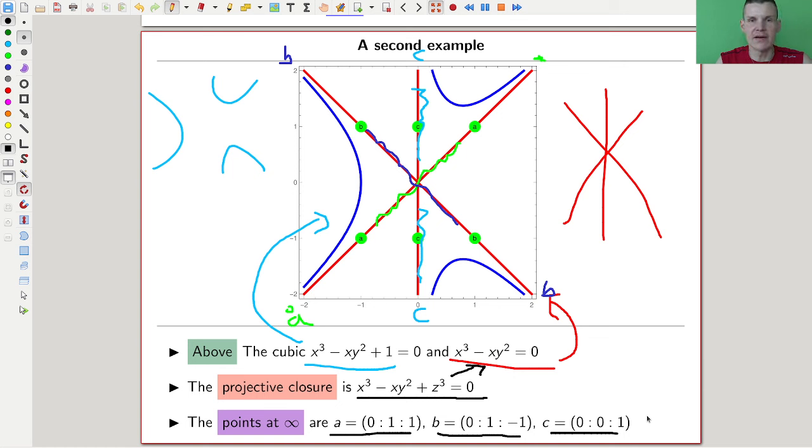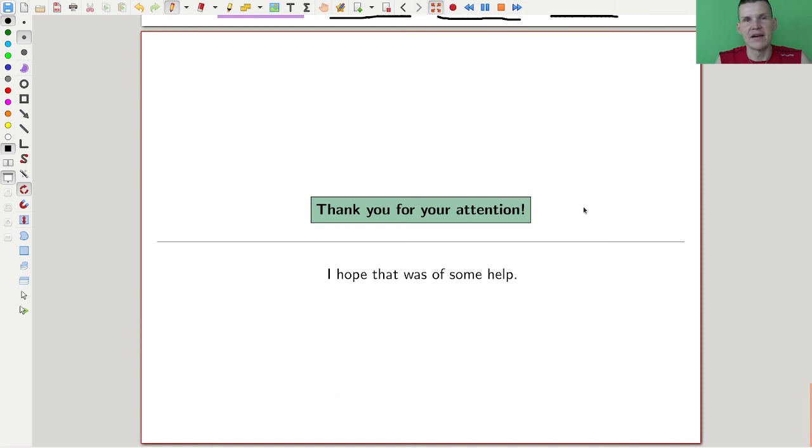And the new thing now lives in a closed space, in a compact space. So it's compact, and then you can show all the nice facts about it, like there will be some nice intersections or whatever.